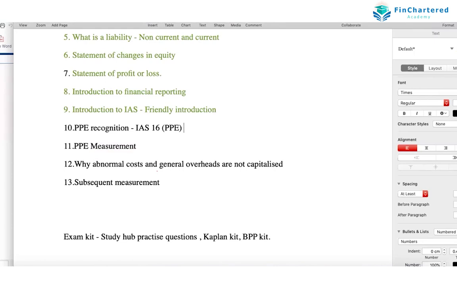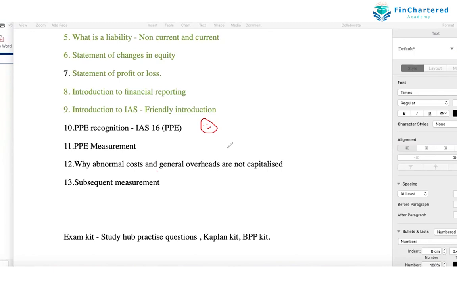So IAS 16 is a friend that guides you on what is property. When will you say something is property? When will you not say something is property? How will you measure property? What number will you put? IAS 16 is that friend who will help you with property. It's a friend, so that's why it's smiling. Maybe there is one specific friend who will help you in the exam.